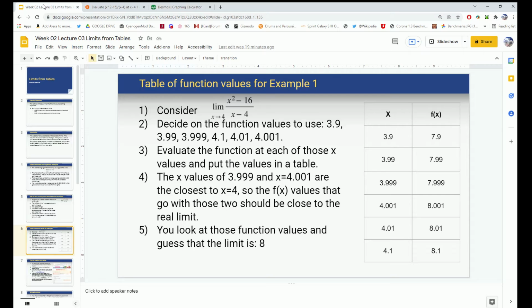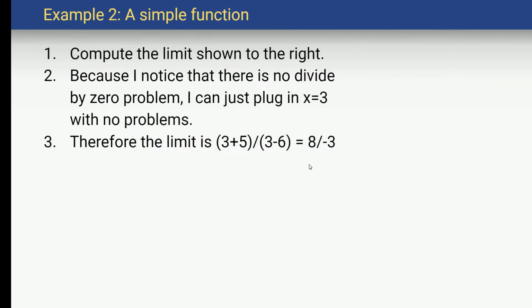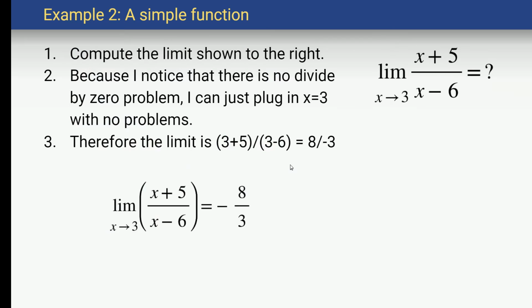And the reason I'm making a point about that is that, going forward, if you do not have these divide by 0 issues, then there's nothing stopping you from just plugging in your number. Technically, that's a rule for limits that we haven't learned yet, but the sooner you learn it, the more sense this will make. So look at this limit here.